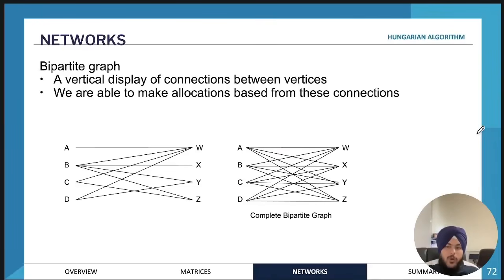Okay, so next we'll move on to the Hungarian algorithm and bipartite graphs. A bipartite graph is another type of network diagram, and it's used to represent a relationship between different types of vertices. To give you a bit of an overview, a bipartite graph is used for allocation problems.